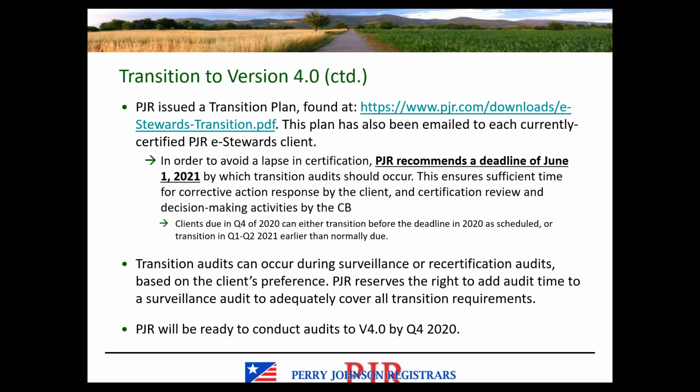All of those things need to take place before e-Stewards deadline of August 24th, 2021. Otherwise, the certificate would be invalidated and you would not have e-Stewards certification to speak of. So keep that date in mind.